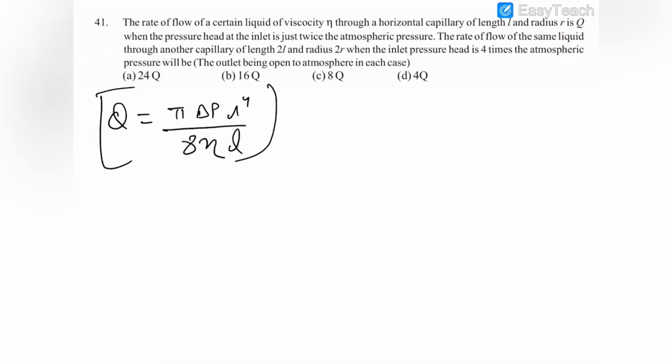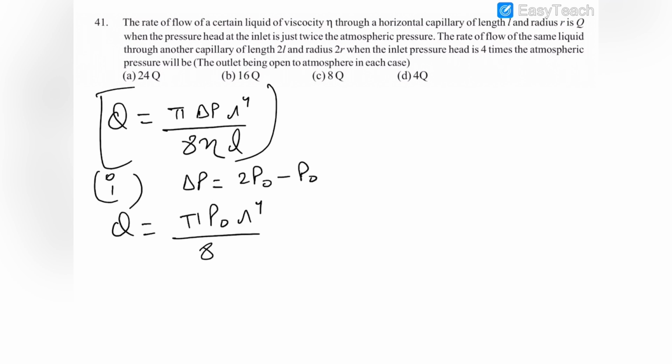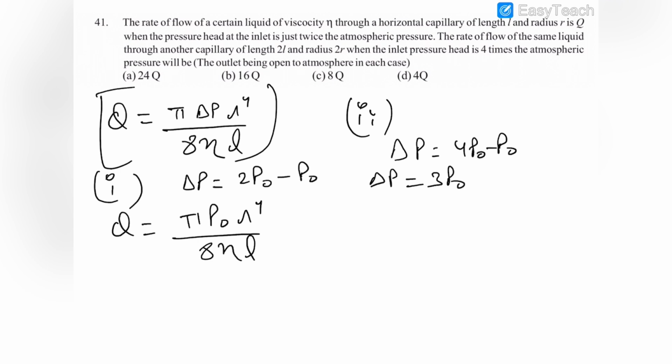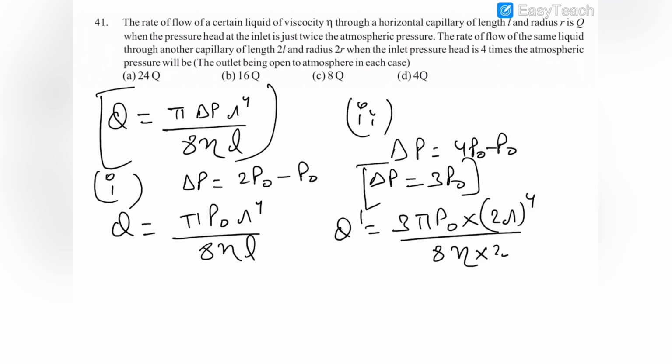So we know that in the first case, this delta P will be the pressure head, twice P naught minus P naught. This is the delta P, and therefore Q is pi P naught R to the power 4 upon 8 neta L. And in the second case, you can see that the pressure head is 4 times P naught, therefore delta P will be 4 P naught minus P naught. So this is 3 P naught, and therefore Q dash will be equal to 3 pi P naught into 2R to the power 4 upon 8 neta into 2L.